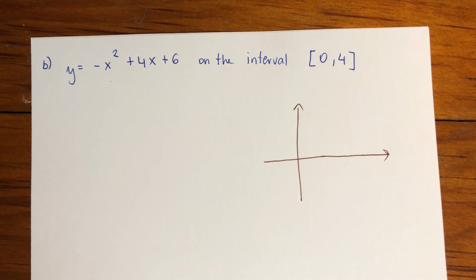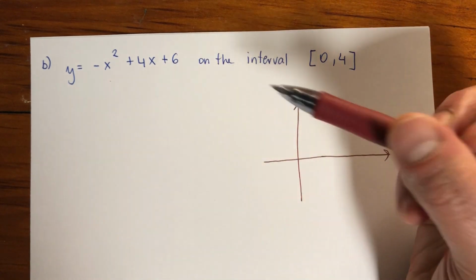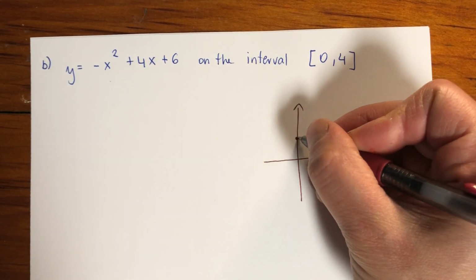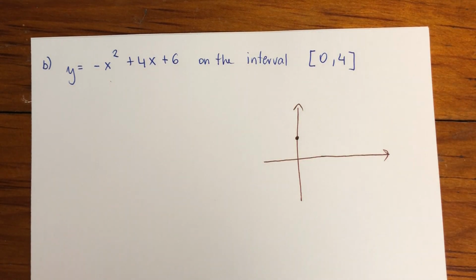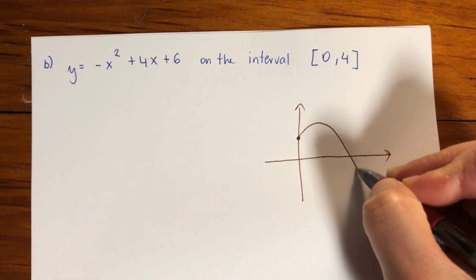So well, if I just quickly plug in 0, I am going to get, so if x is equal to 0, y is equal to 6, and then the parabola, well, I don't think that there is a nice... I'm trying to figure out what the zeros are, but I am not going to graph it perfectly.